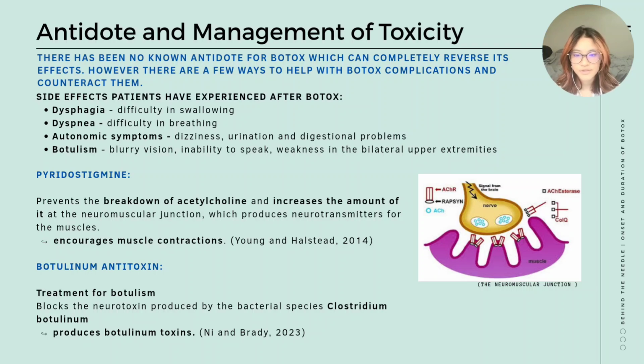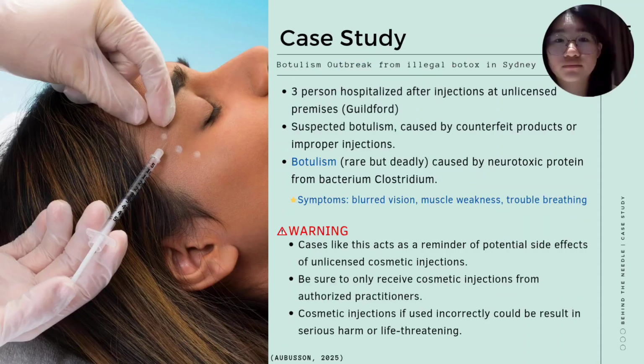The production of neurotransmitters encourages muscle contraction and prevents the freezing of the muscles caused by Botox. Next is botulinum antitoxin. It is a treatment for botulism, as it blocks the neurotoxin produced by the bacterial species Clostridium botulinum. The neurotoxin produced by this species causes respiratory and muscular paralysis, so this antitoxin is a treatment for it.